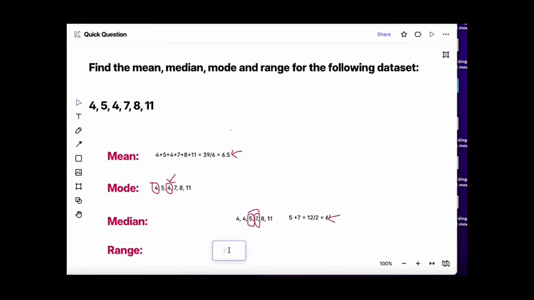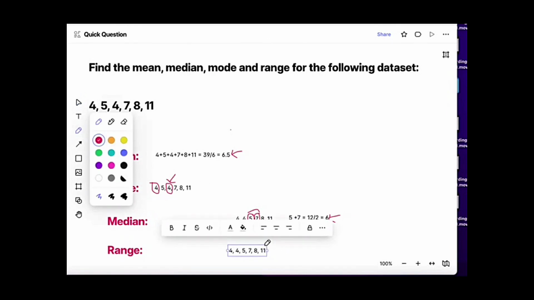So we've got 4, 4, 5, 7, 8, and 11. When you're calculating the median and when you're calculating the range, you first need to put your numbers into order.